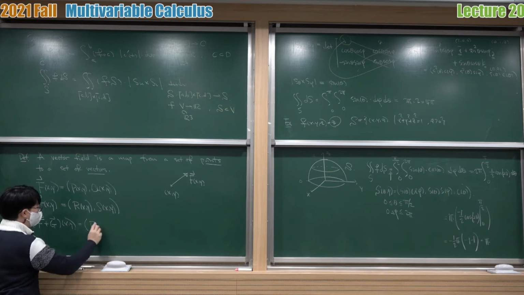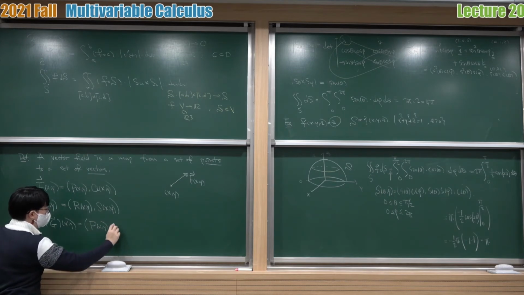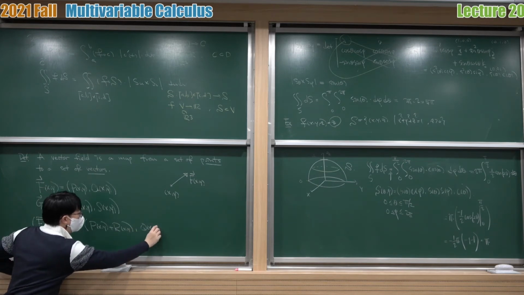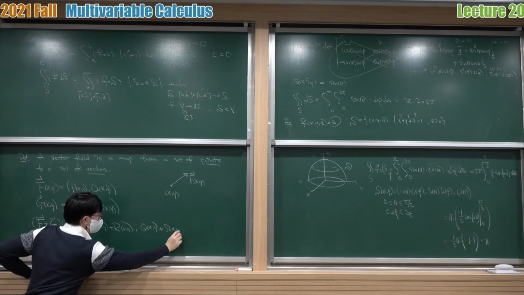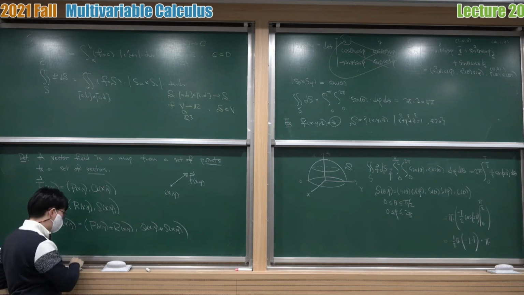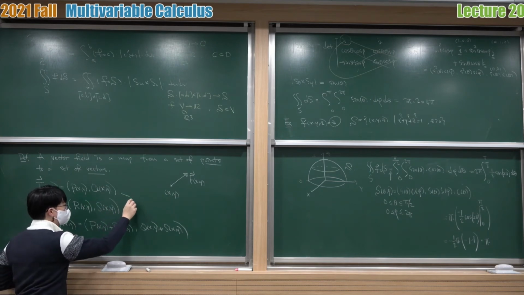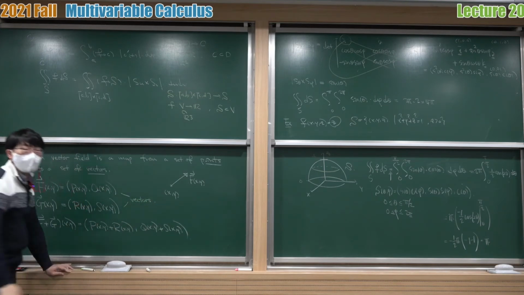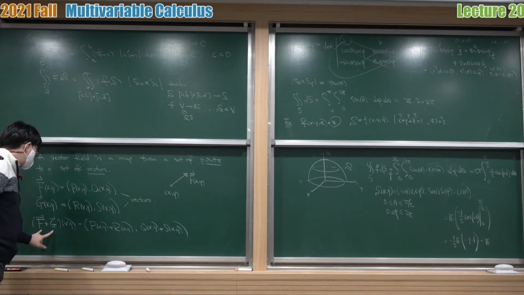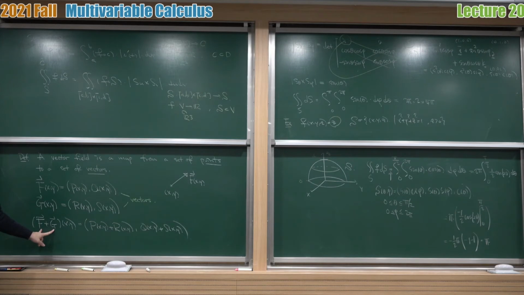That gives P of x, y plus R of x, y and Q of x, y plus S of x, y. Okay? You can do this only because these are vectors. You shouldn't do adding between general multivariable functions. So don't do adding to multivariable functions unless they are vector fields.